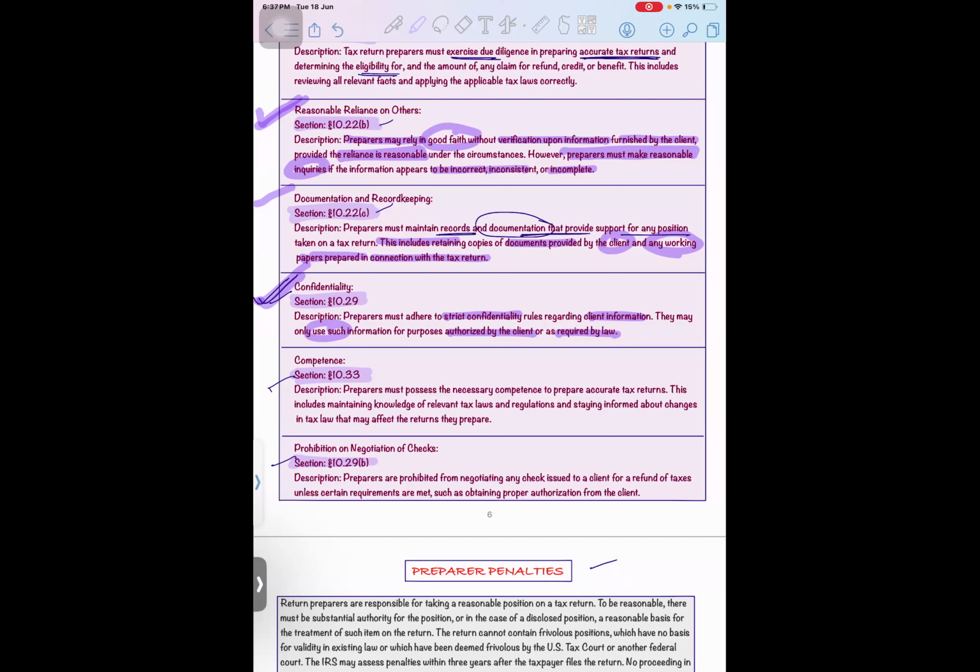Competence means, let's say a person has contributed a huge amount into the IRA. In that case, after preparing the return, you will have to advise the client that before the deadline they can withdraw the money, else they will be liable for a penalty.